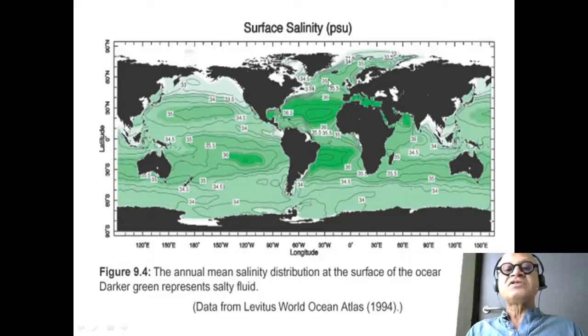This makes a difference because, remember again, density is dependent on salinity and temperature. So various processes are related to this. The Indian Ocean is different, as we will see, because of the monsoonal circulation, which changes with seasons, and the Southern Ocean obviously is different because it's a channel as opposed to these basins where there are boundaries.